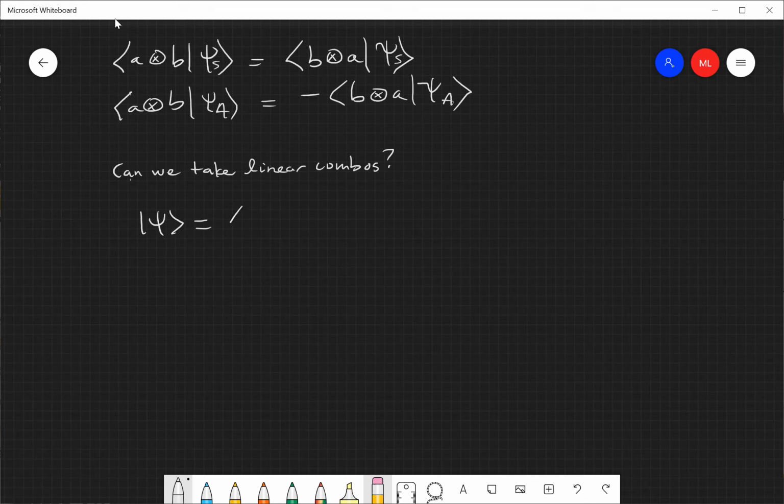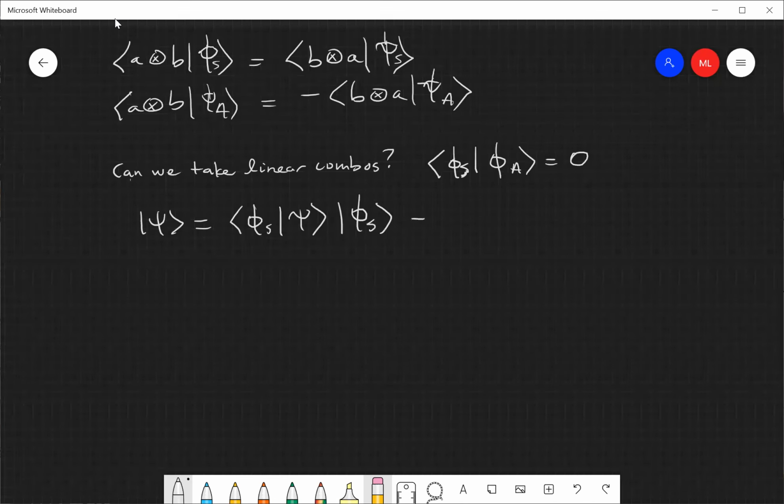What would that look like? Well, there would be some coefficient. Let me call these phi's, the symmetric and anti-symmetric states. Without losing much generality, we can take two orthogonal states that are symmetric and anti-symmetric. Suppose we constructed this linear combination where we have some coefficient of the symmetric piece, and some coefficient of the anti-symmetric piece.